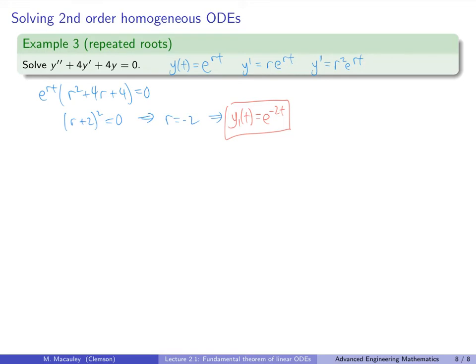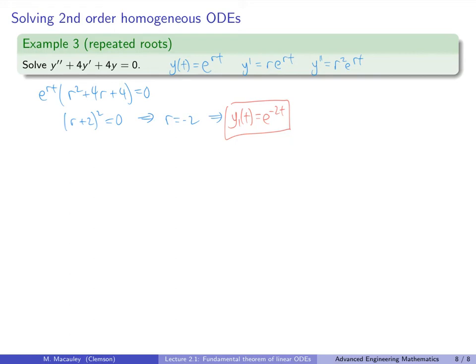So any basis has two solutions, two vectors in it, not one. And we've only found one. And this is the only one of this form, because any solution of the form e to the rt must have r be -2. So we have to find another solution somehow. How are we going to do that?